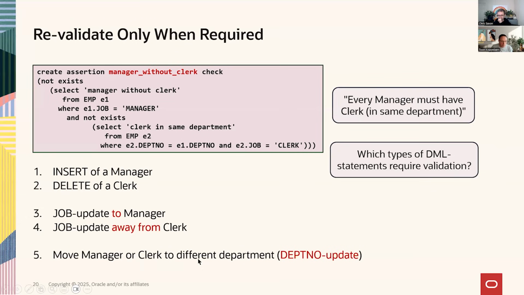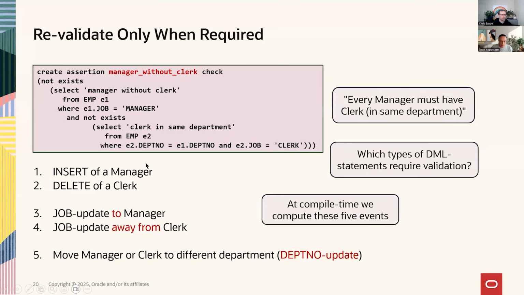When you move a manager or a clerk, but only a manager or a clerk, to a different department, which would be a DEPNO update, that would also be a potentially violating DML statement with respect to this SQL assertion. So when you create a SQL assertion, we parse it and we determine these five events. We deduce these are the five events where we need to spend time on this SQL assertion.